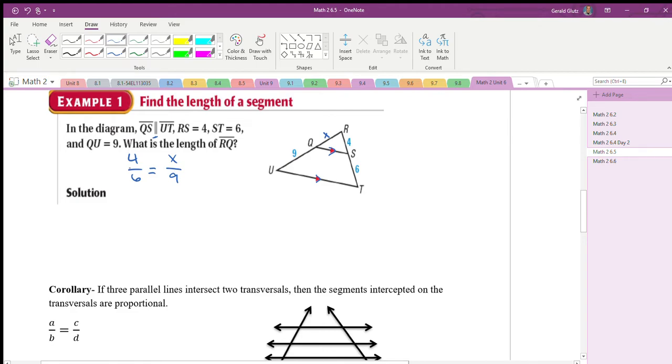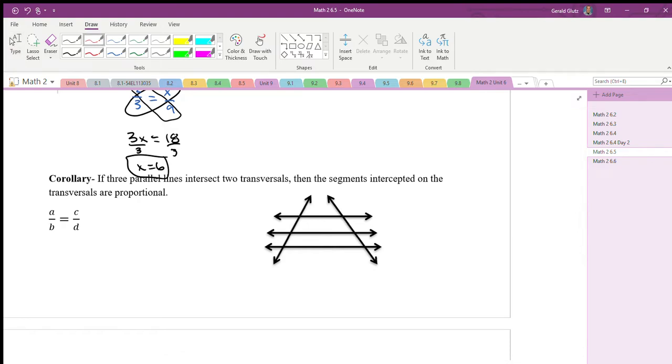If you wanted to reduce 4 over 6 to 2/3, you can, since 2 goes into both of those. You don't have to, but it'll make the numbers a little nicer when we multiply. So now we can cross multiply. 9 times 2 is going to be 18. 3 times x is 3x. Divide both sides by 3. I get x equals 6. So this side should be 6.